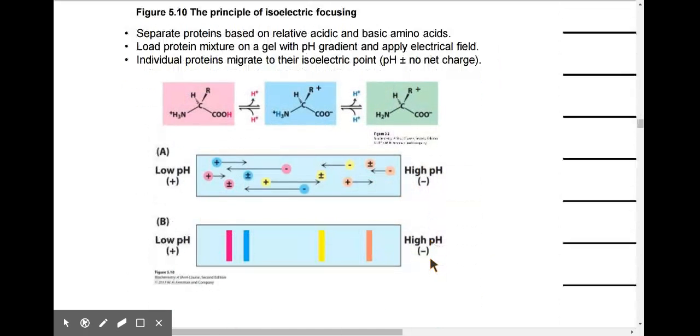So this up top, you guys have seen before in your chapter 3, I think, and so you know that this species is called what? It's a zwitterion. It's called a zwitterion because it is neutral, basically, at this pH. And this species has an R group that is also neutral, right? When we talk about proteins, we talk about having a dominant positive or dominant negative charge associated with them.